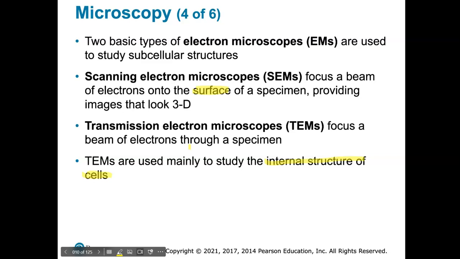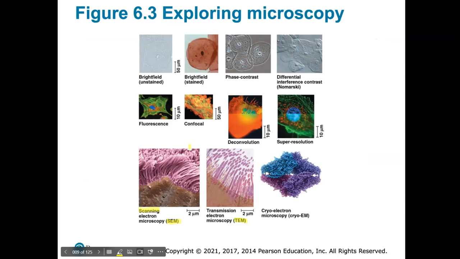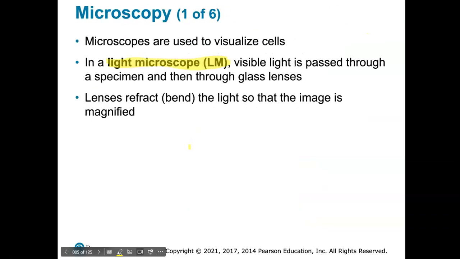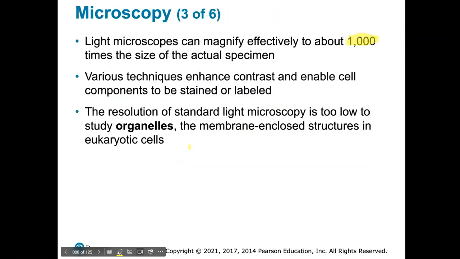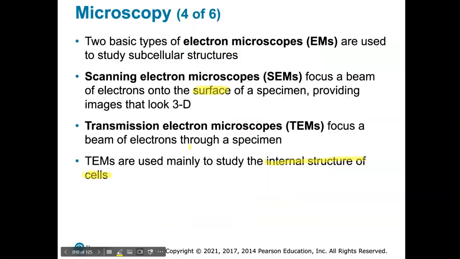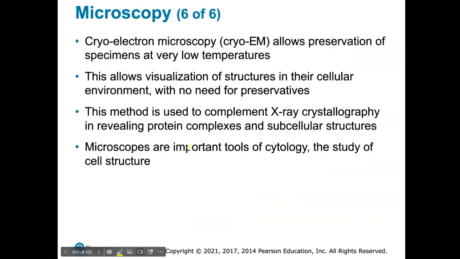The cells are dead when you view them through an electron microscope. So we use a light microscope so that we can see living cells and structures that we can see magnified up to 1,000 times. But then if we need to see something smaller, if we need to see more detail, then we're going to use an electron microscope.